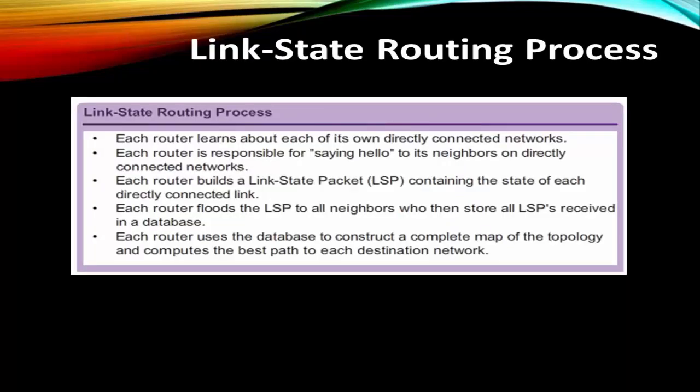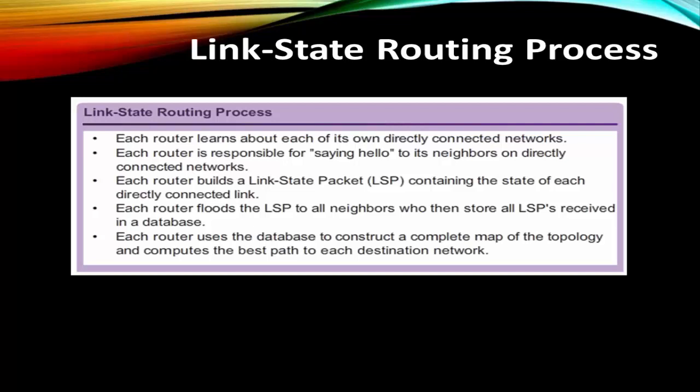The process of link state routing is: first, each router learns of each of its own directly connected networks and says hello to its neighbors. Then every router sends a link state packet, or LSP, containing the state of each connected link.